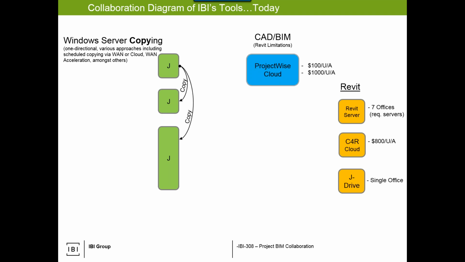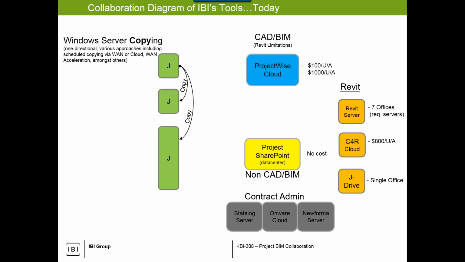We also have ProjectWise. Now, from the ProjectWise cloud, we will talk a bit about those Revit limitations in a moment, but it's useful for CAD and BIM authorship of many different file types. We have our project SharePoint sites, which is useful for non-CAD and non-BIM, hosted in the data center.